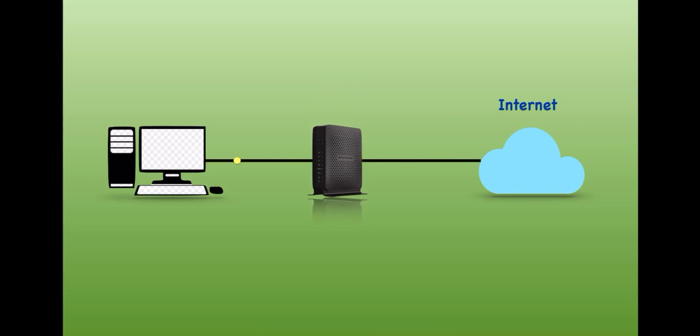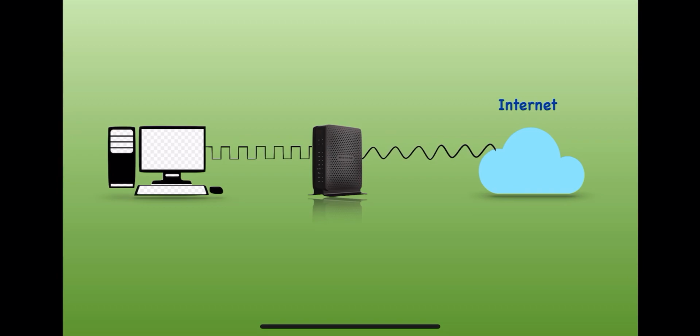A modem establishes and maintains a dedicated connection to your internet service provider to give you access to the internet. The reason you need a modem is because of the two different types of signals used on a computer and on the internet. A computer only reads digital signals, while the signal out on the internet is analog.